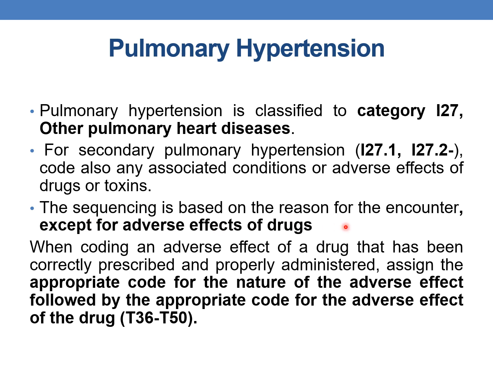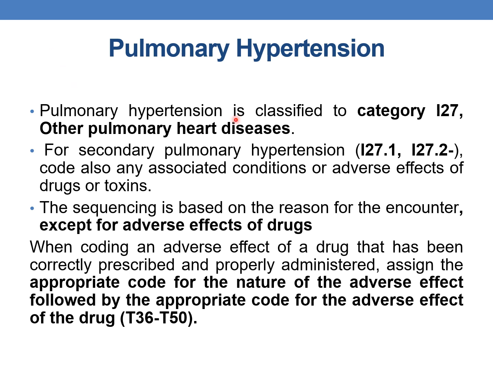And the sequence is based upon the reason for encounter, except for adverse effect of drug. When coding an adverse effect of drug, first you need to code the nature of the adverse effect, followed by the appropriate code for the adverse effect. That is the exception. Whenever we are coding adverse effects, first you need to code the condition followed by the adverse effect code.